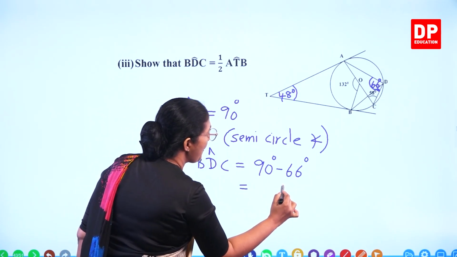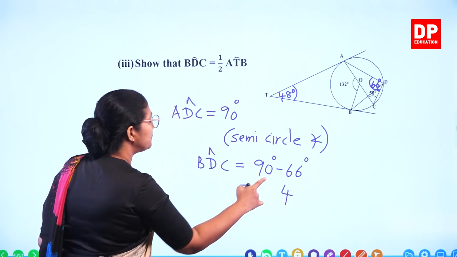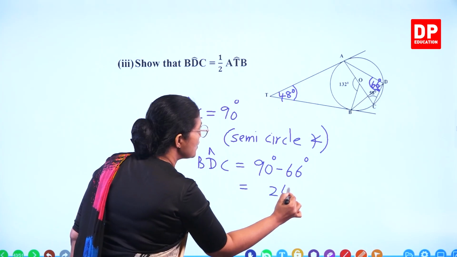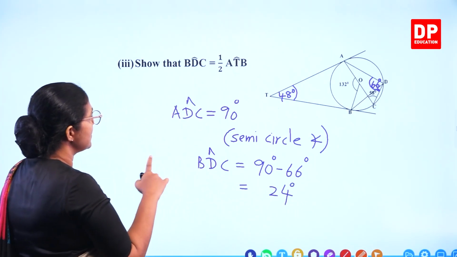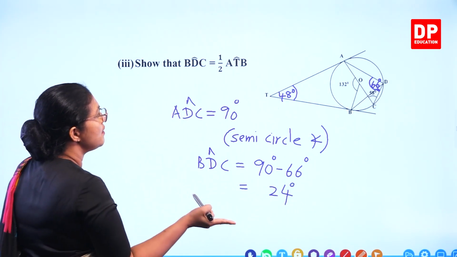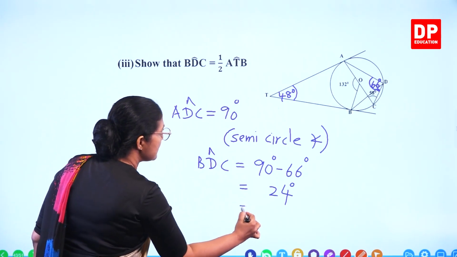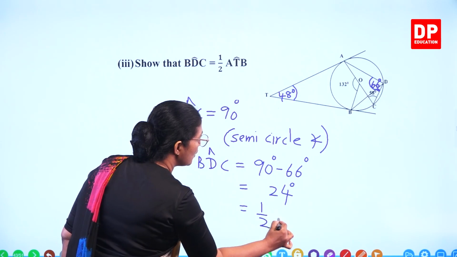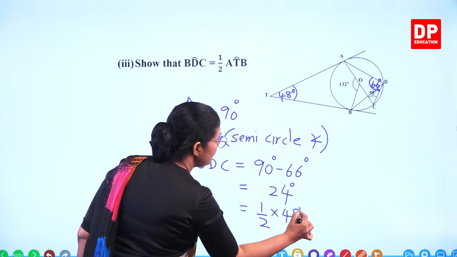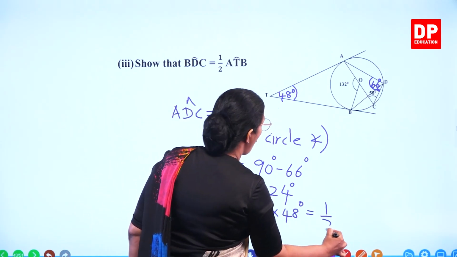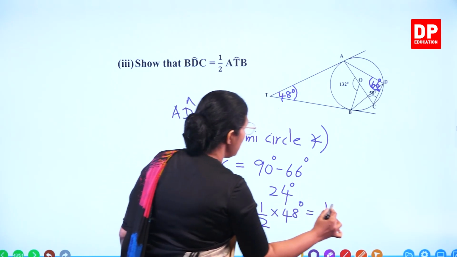What's that? 24 degrees. So we can see 48 divided by 2 is 24. So you can write this is equal to half of 48. That means half of ATB angle.